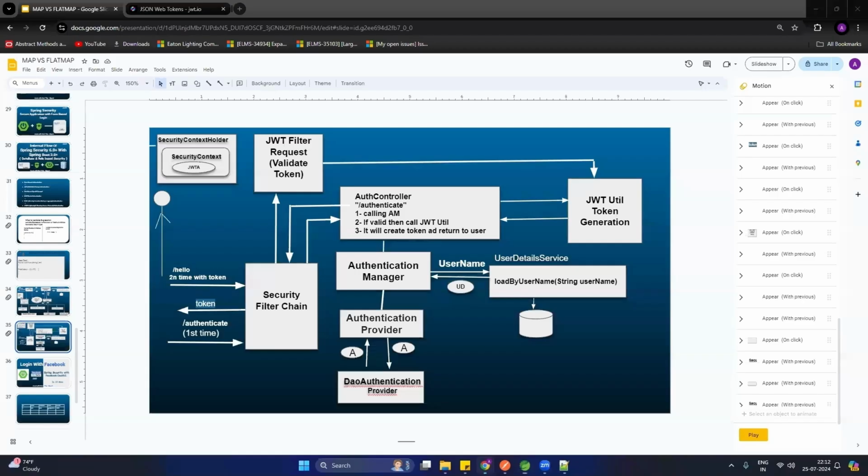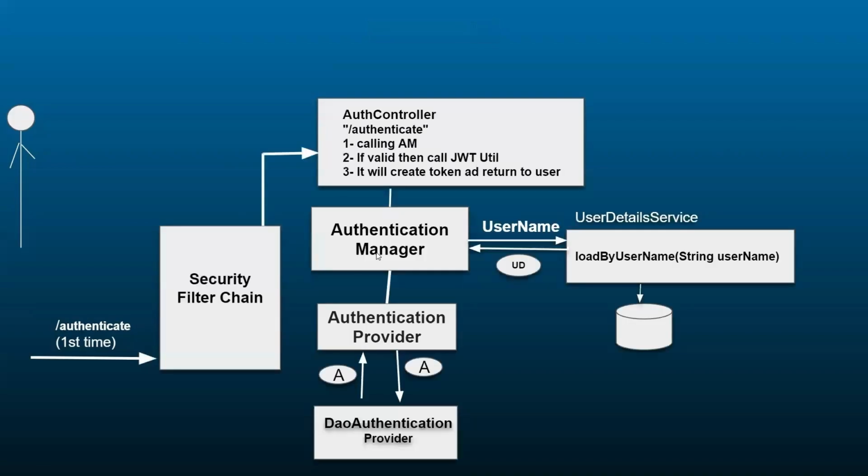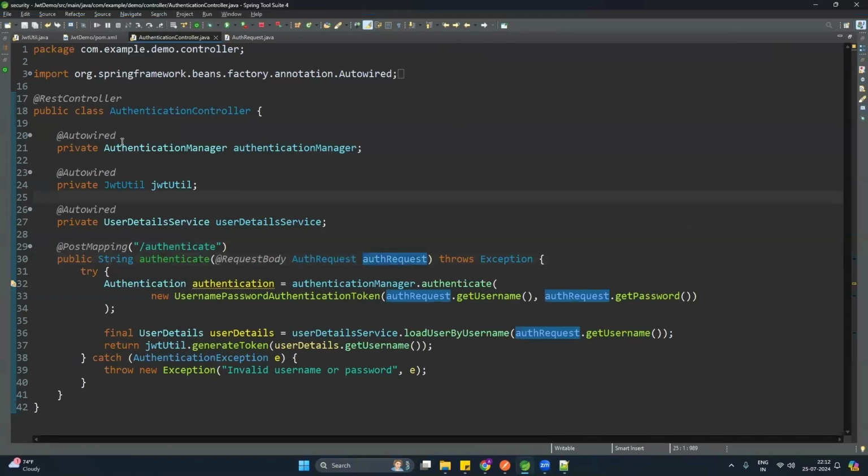The first step is to call the authentication manager. So let's autowire the authentication manager. I have already autowired it, and then we need to create the bean inside the configuration class.